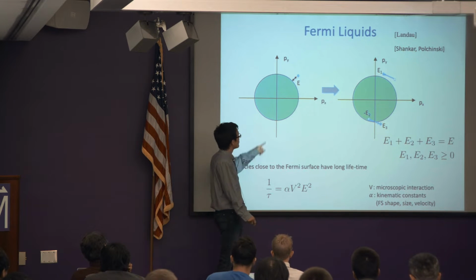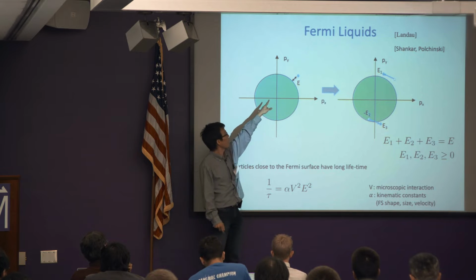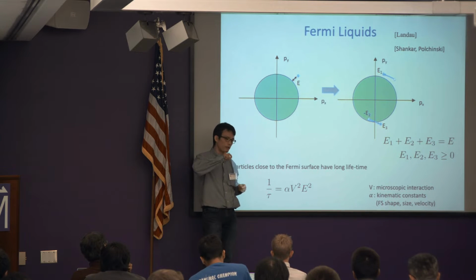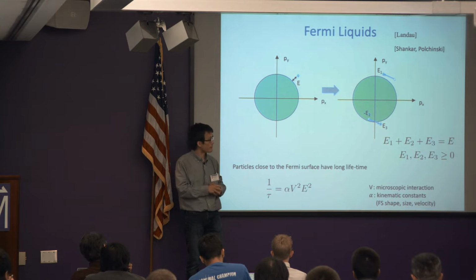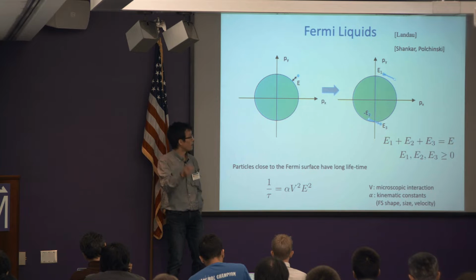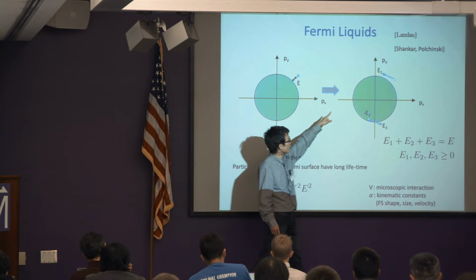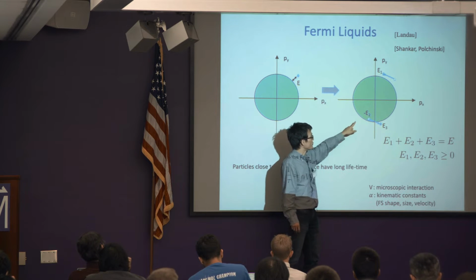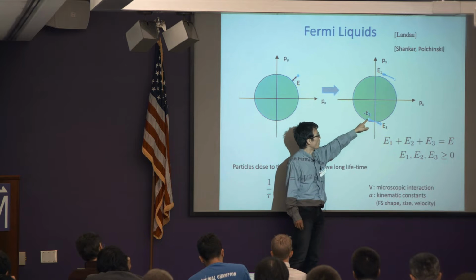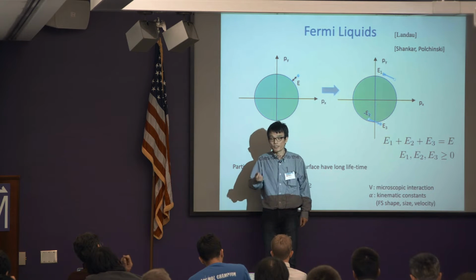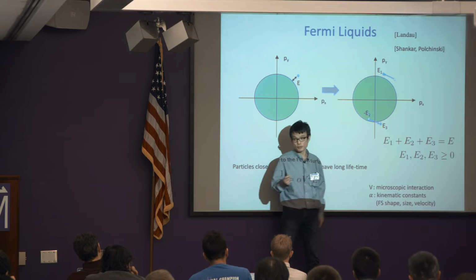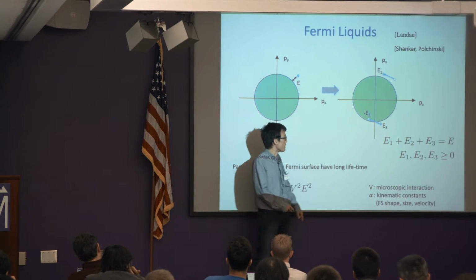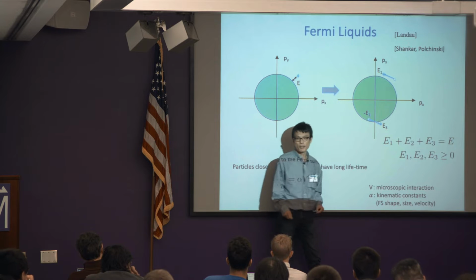The reason is that in order for that particle to scatter into another state, it has to stay above the Fermi sea within the shell with energy window E. Suppose that energy is E1. And then at the same time, you create a hole with energy E2, by removing an electron at energy minus E2, and a particle with energy E3.